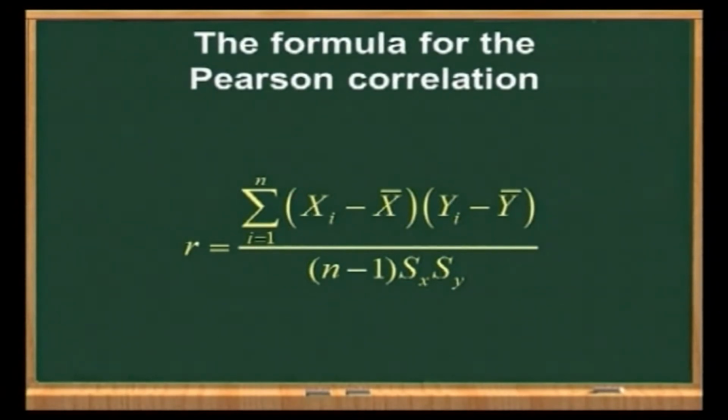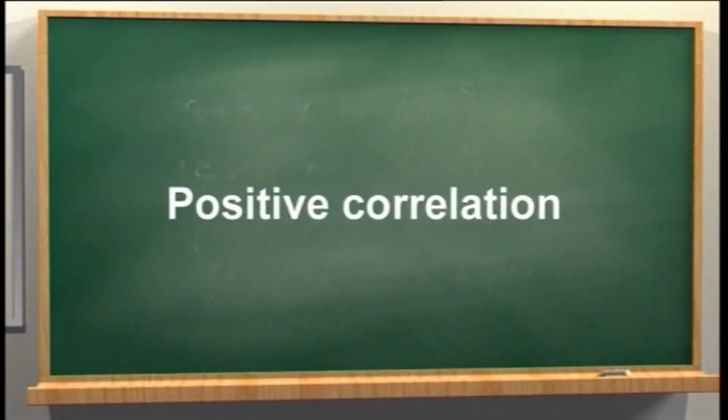R is equal to the sum from i equals 1 to n of (xi minus x bar) times (yi minus y bar), divided by (n minus 1) times Sx times Sy. There are some shortcuts, but in general the formula is tedious, and we will let the computer do all this work.